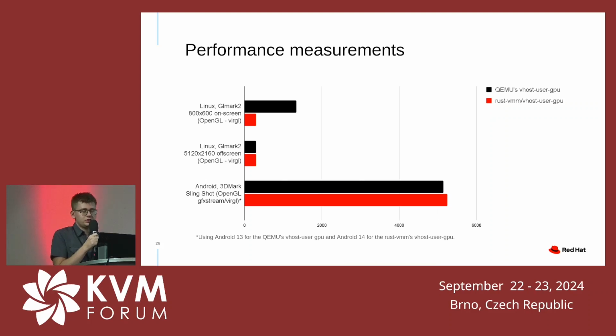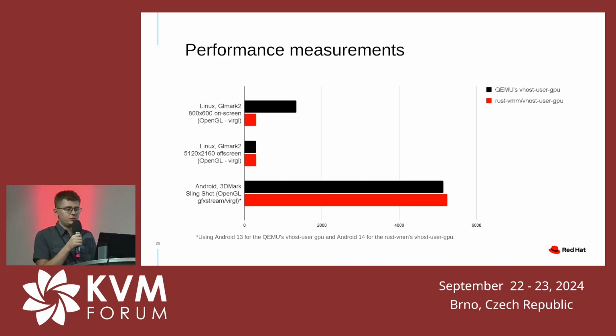But when running it on screen, it's quite a bit slower with the Rust-VMM vhost-user GPU. This is because we currently don't support a fast path for the display output. We could use the same calls that the QEMU vhost-user GPU uses, but these are not exposed through the Rutabaga GFX interface. So we have to work on that.